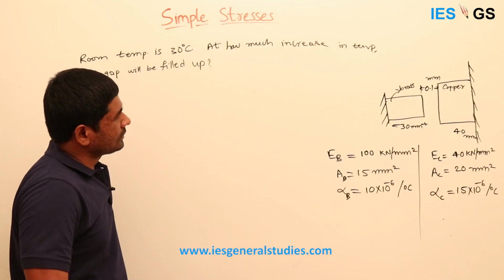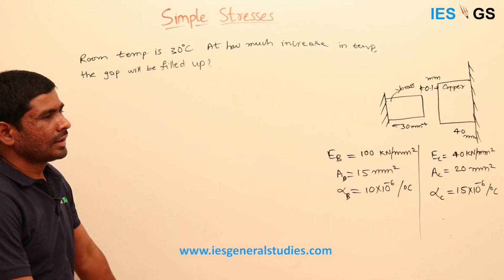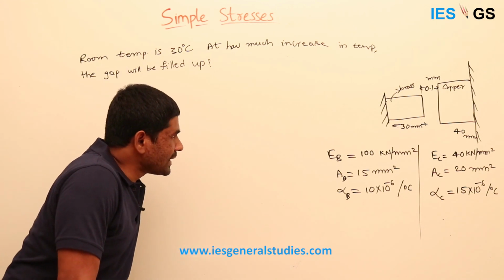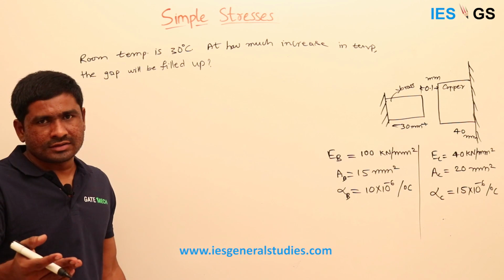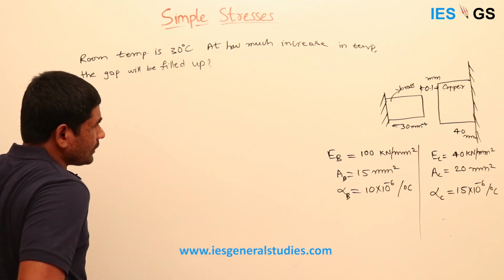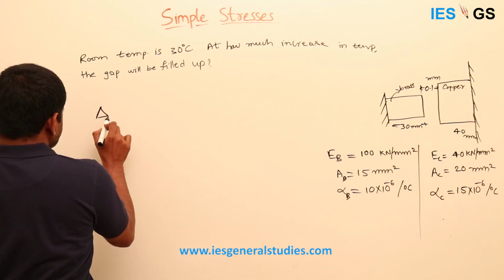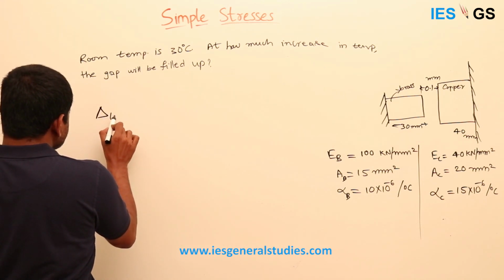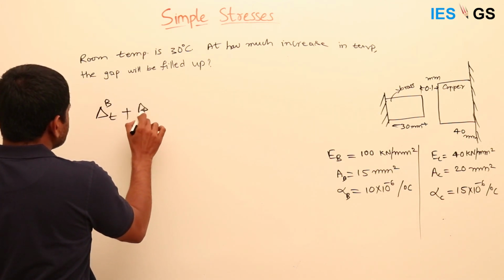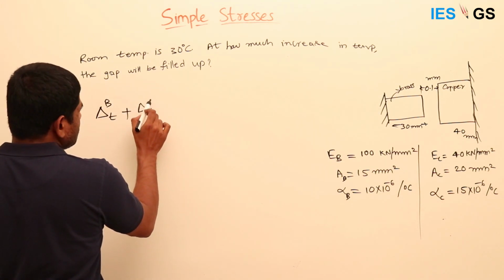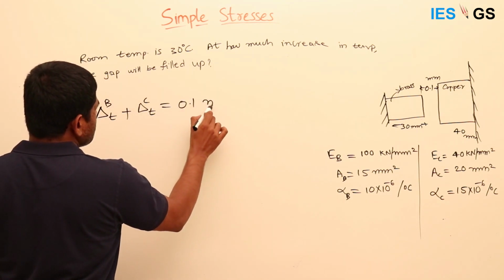Here, because of the temperature rise, there is an expansion in the brass as well as in the copper. The combined expansion due to the temperature rise should be equal to the gap. Elongation due to the temperature rise in the brass plus elongation due to the temperature rise in the copper equals the gap, which is 0.1 mm.